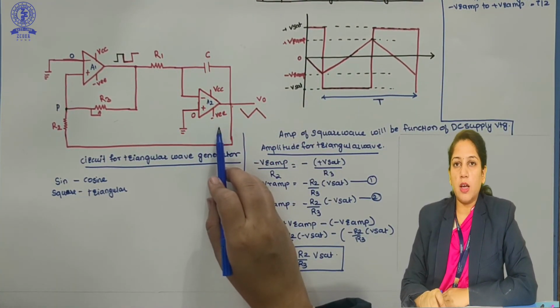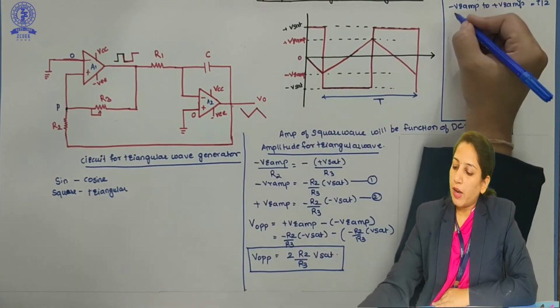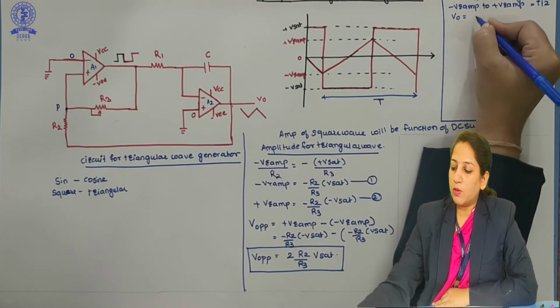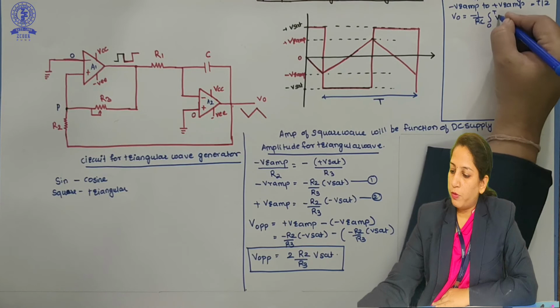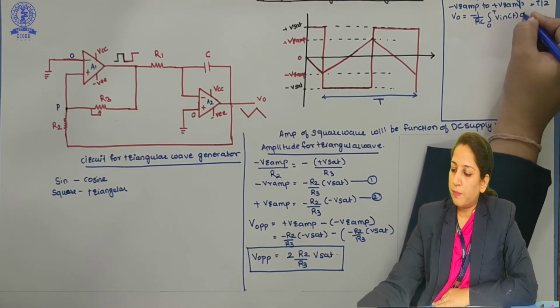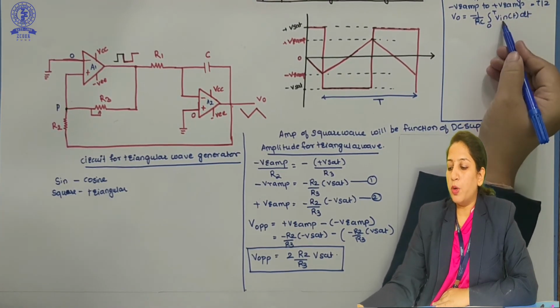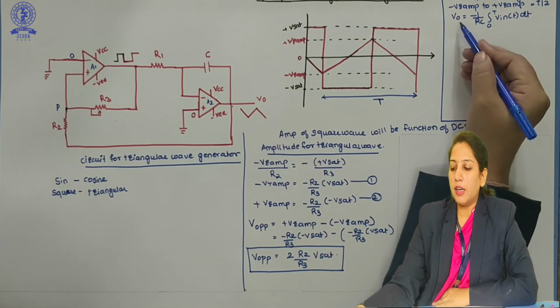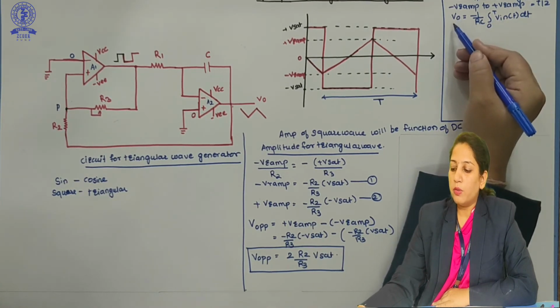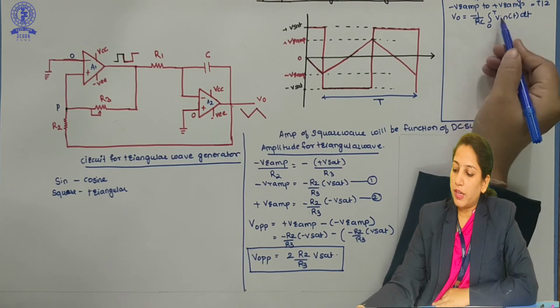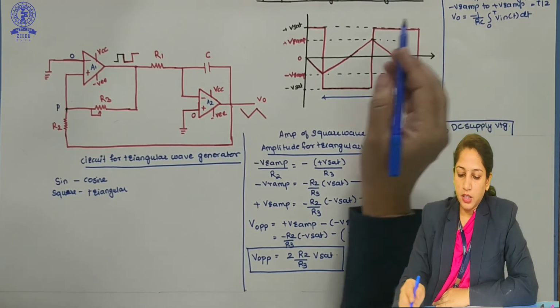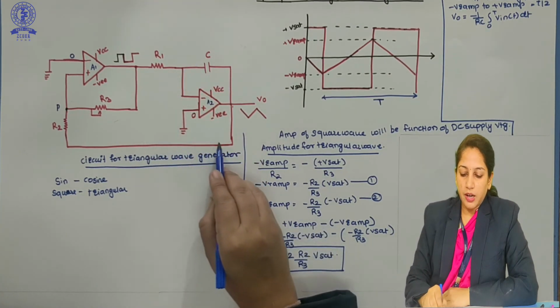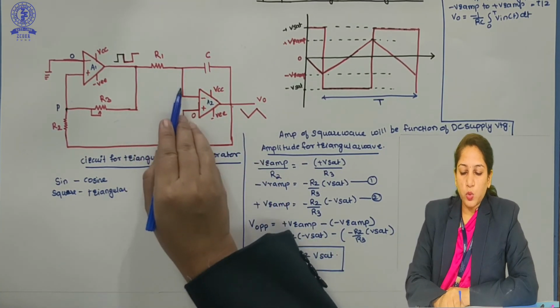And we know the integrator formula. Before, we have seen the operational amplifier as an integrator, and we derived that formula: V output is equal to minus 1 upon RC, integration 0 to T, V in dt. Here my input wave will be integrated and at the output we will get the integration of the input wave. This is an integrator, and the input wave is a square wave.